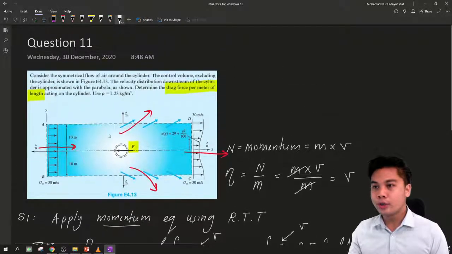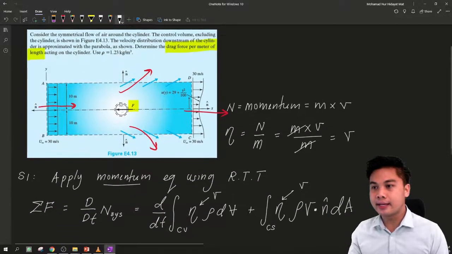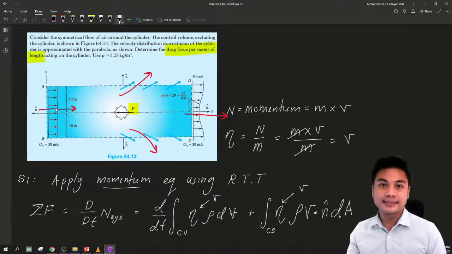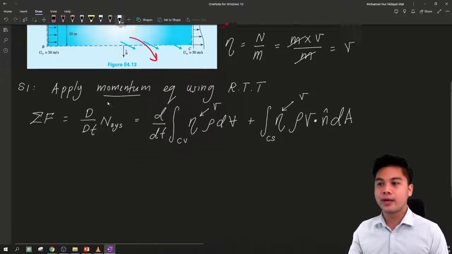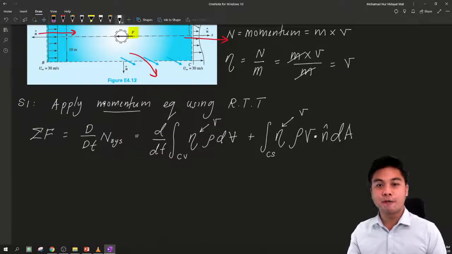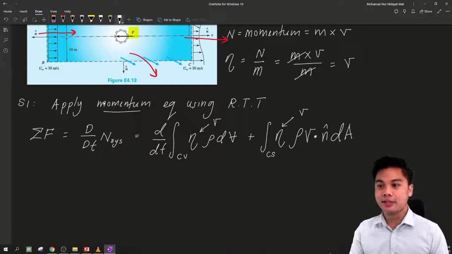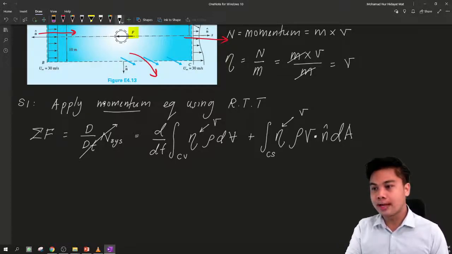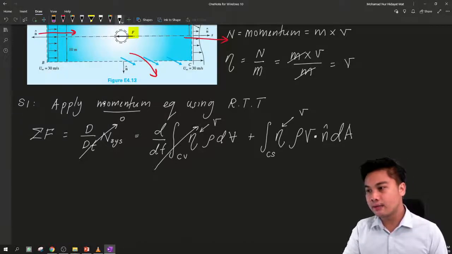Now we look at the question. We assume that the flow is under steady state flow. There is no change of property over time. So we can cancel out this term over time, dt as well.